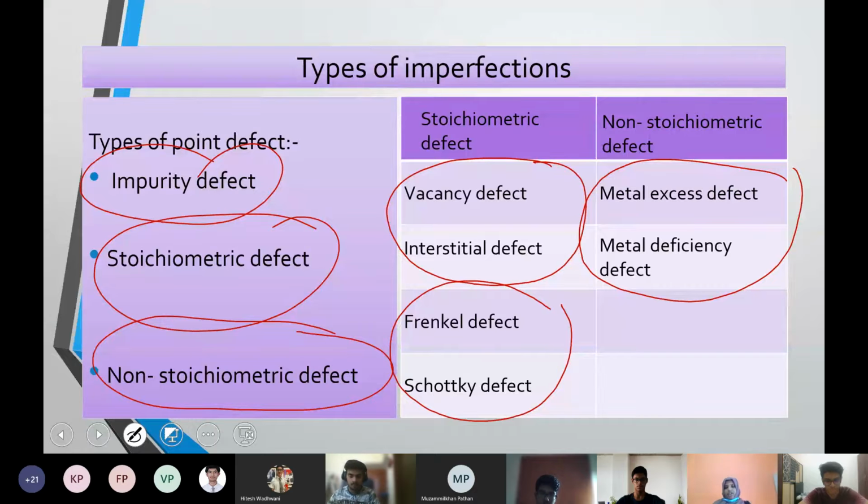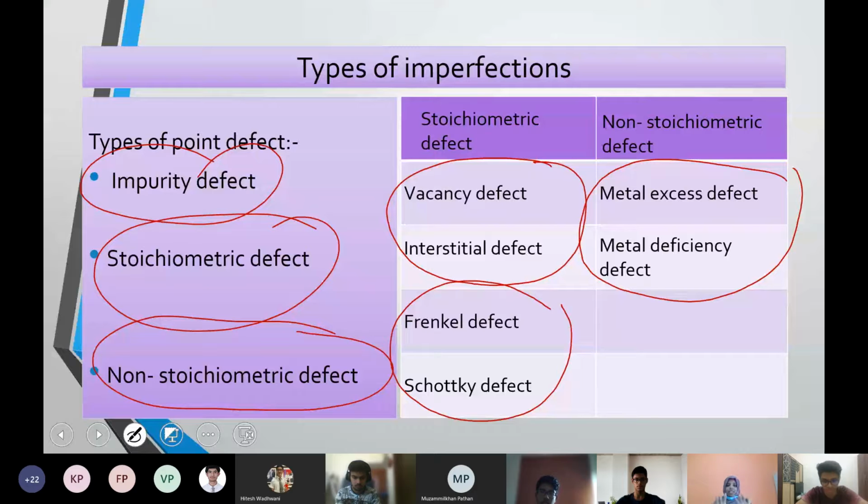Schottky defect is a vacancy defect and Frenkel defect is an interstitial defect. So these are examples or one type of vacancy and interstitial defect. Basically, stoichiometric defect can be vacancy and interstitial, and non-stoichiometric defect is metal excess and metal deficiency defect.